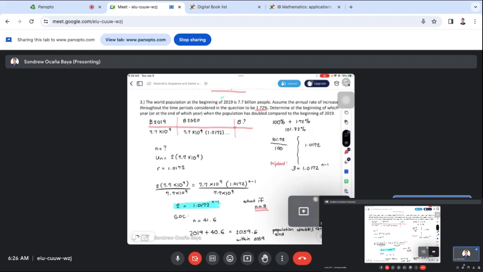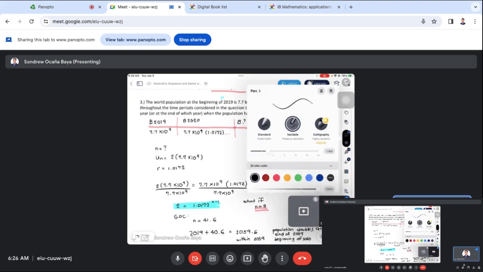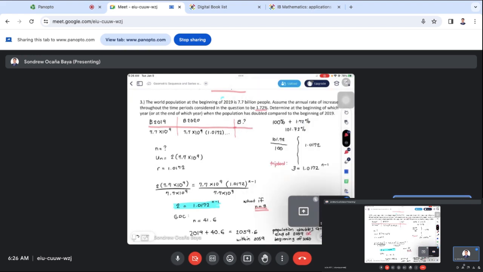And this end of 2059 could be the beginning of the next year, the beginning of 2060. So we say this, depending on what your reason is. Okay, and basically that's it.